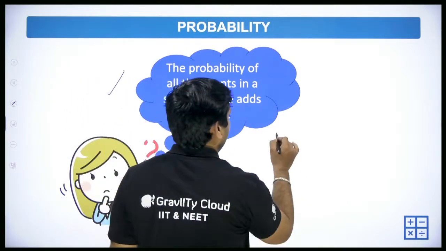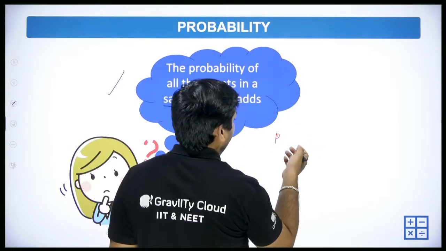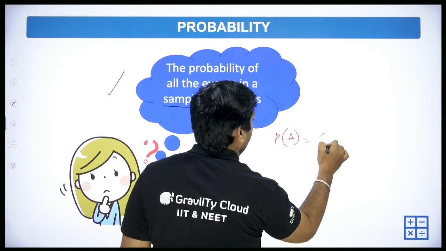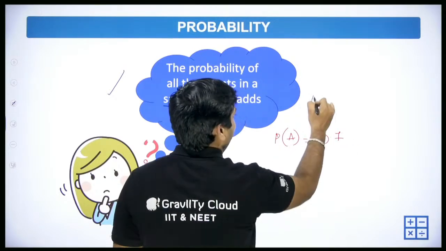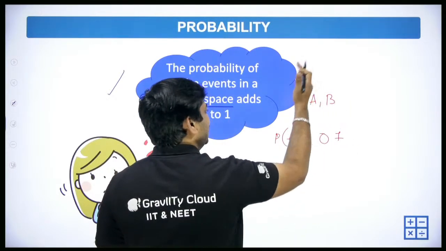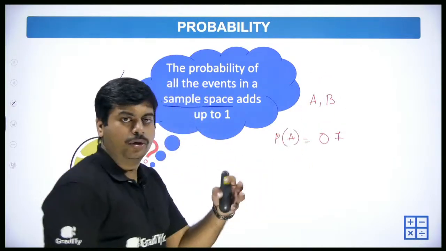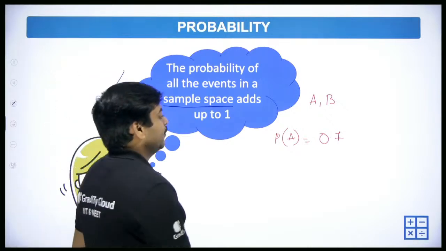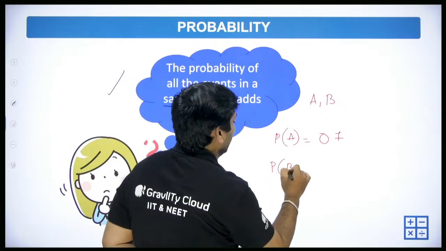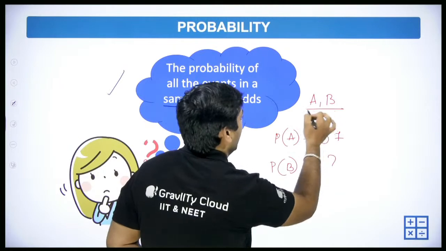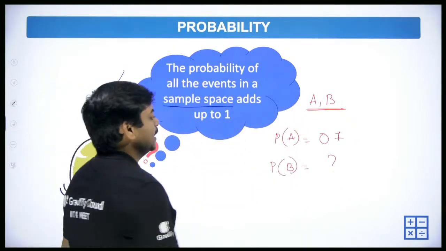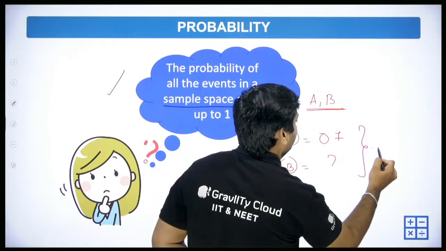Let's say the probability of A is 0.7, and A and B are the two events. If not A, then B. If not B, then A. There are two outcomes here, like head and tail. If I want to find the probability of B without any other information, but I know these two are events in the same space, then they should add up to 1.